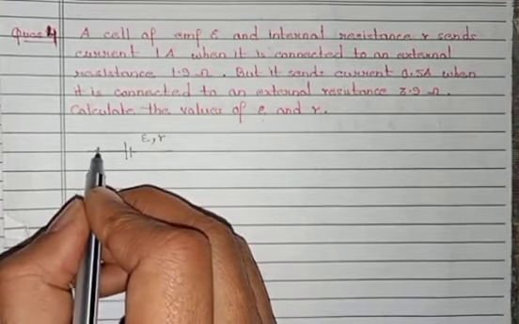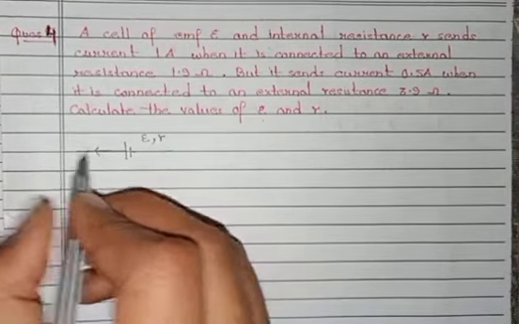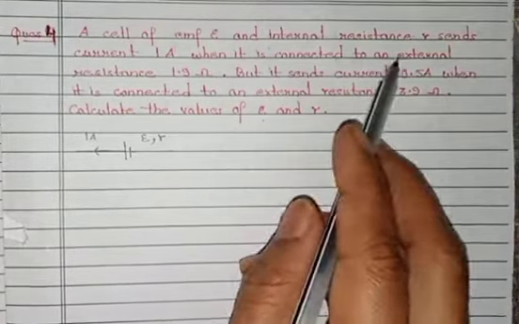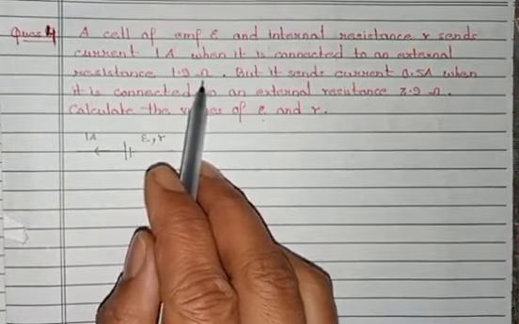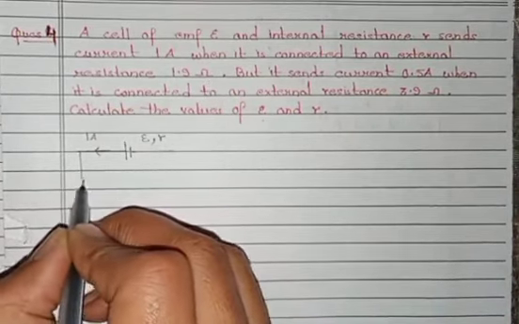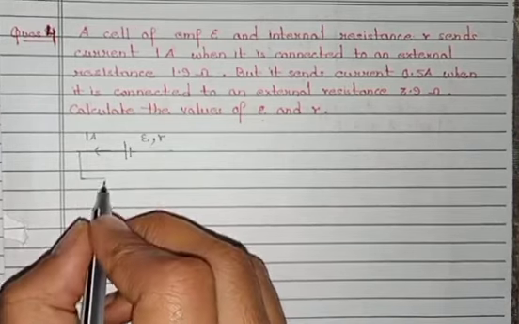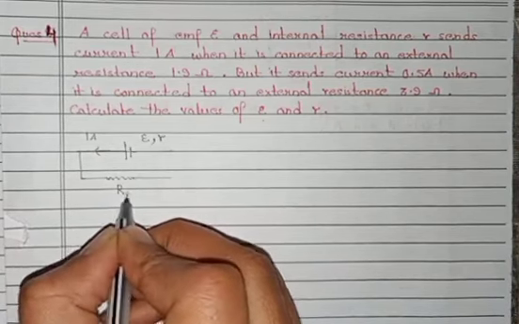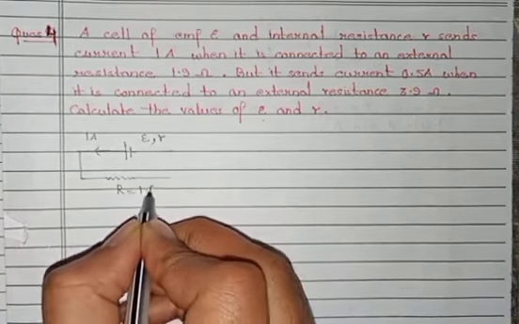So the current through the cell is 1 ampere when it is connected to an external resistance of 1.9 ohm.